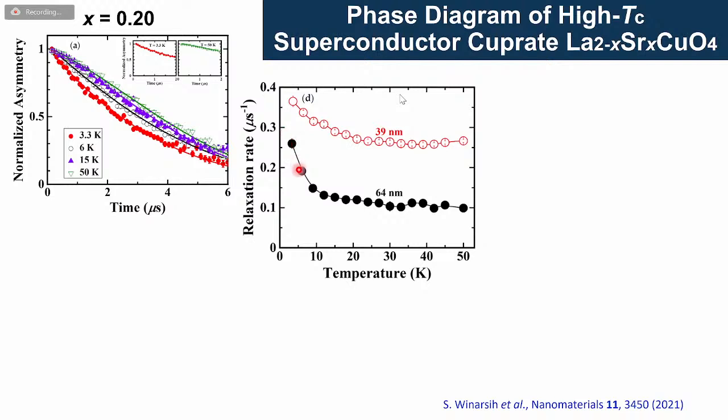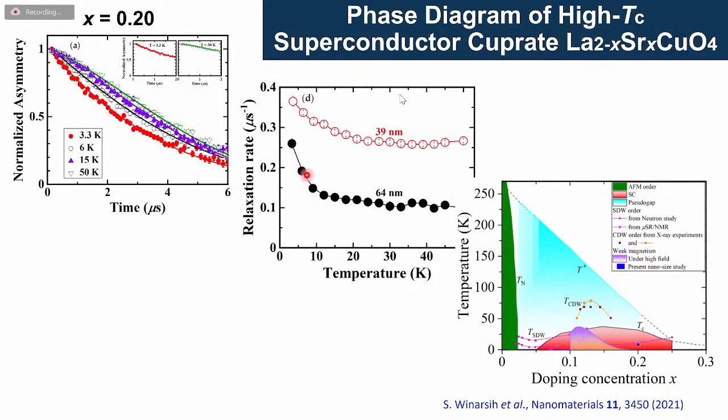In other words, there is a magnetic correlation that develops at low temperature, below the critical temperature. So our study can contribute to the phase diagram of superconducting cuprate in the temperature range where the magnetic ordering happens.